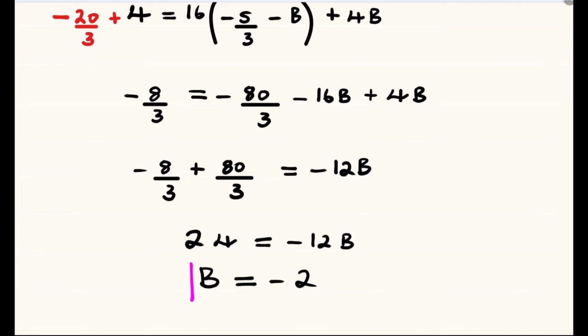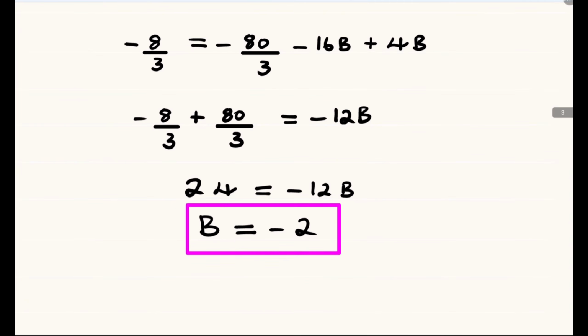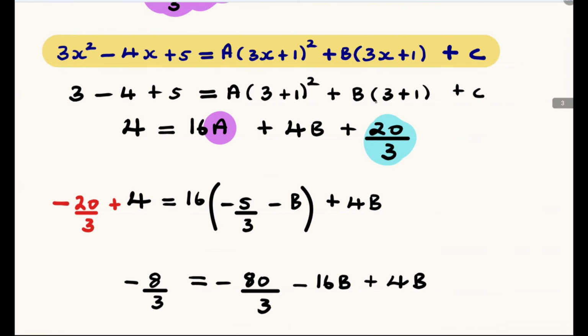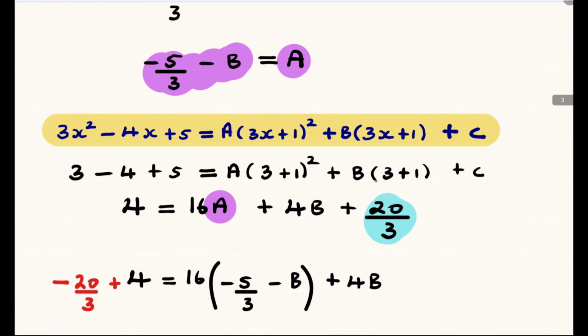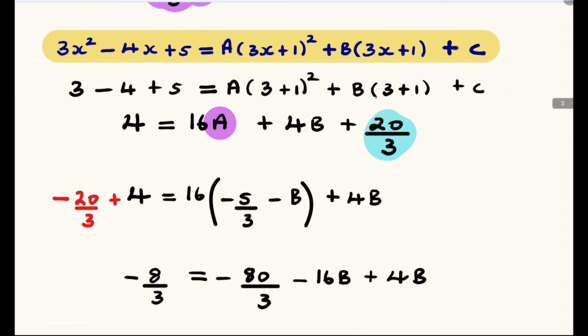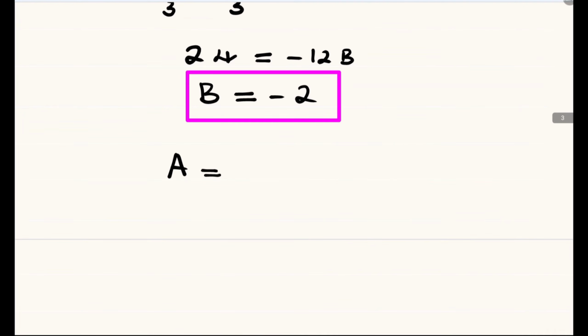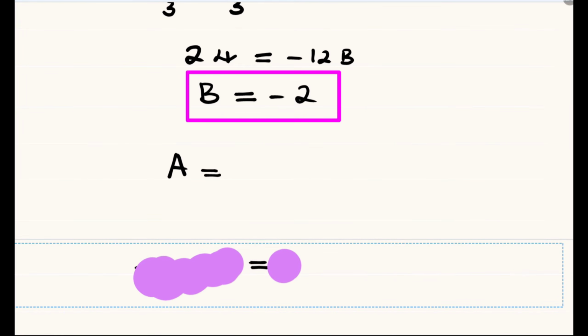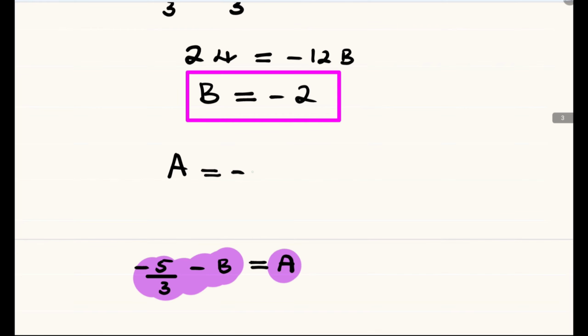Now we determine the numerical value of a. We are only left with the a, and our a was equal to negative 5 over 3 minus b. In the place of the b, we are going to substitute negative 2.